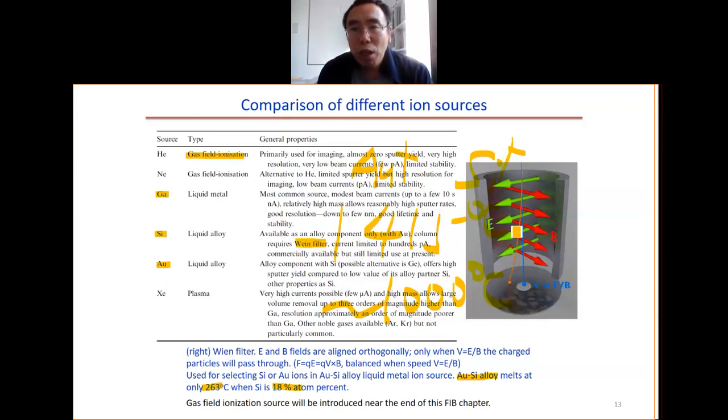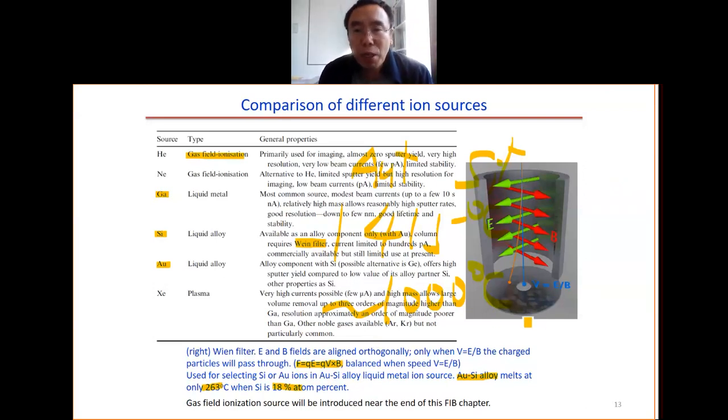So what do you do? You apply the electric field in this direction and the magnetic field in the other direction. When the charged particle moves downward, for the case of an electron beam, the Lorentz force will point to the left and the electrostatic force will point to the right. Those two forces cancel out. As a result, when the electron beam comes in, it will go forward.